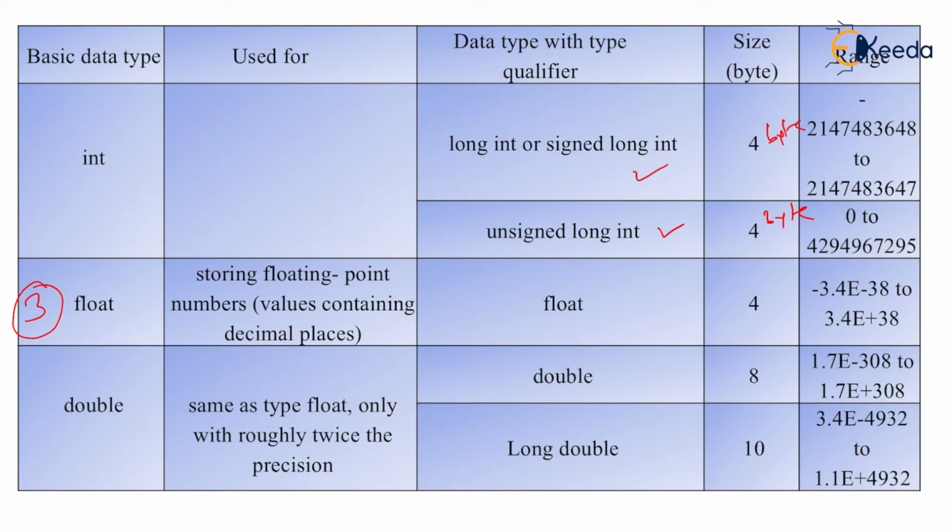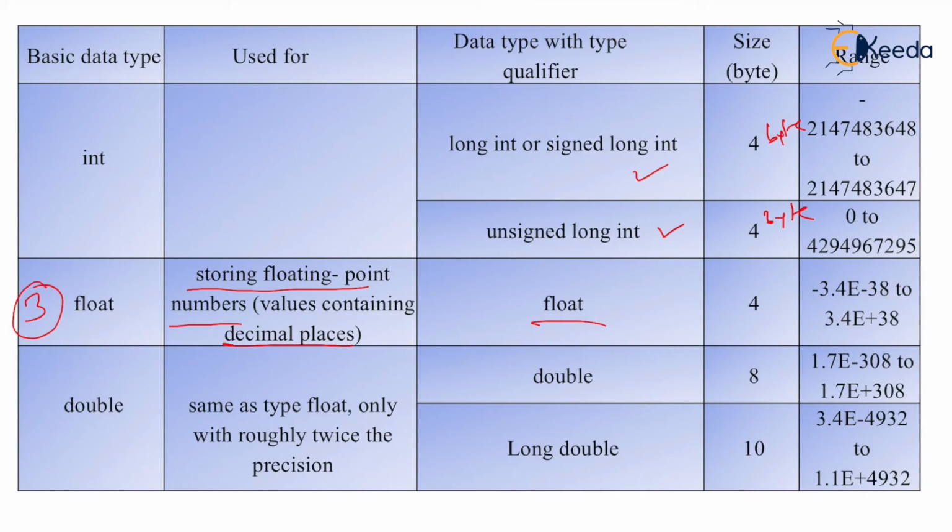Next. Third built-in data type is float. Now, if you want to store the data in a decimal format, or we can say a floating point format, at that time you can use the float data type, which has decimal places. The qualifier for the float is normal float. There is no qualifier present for the float.